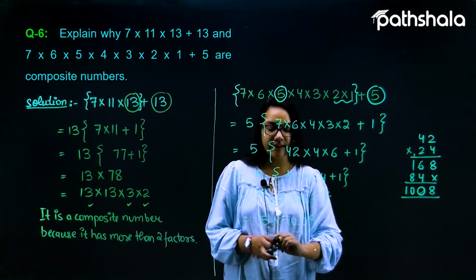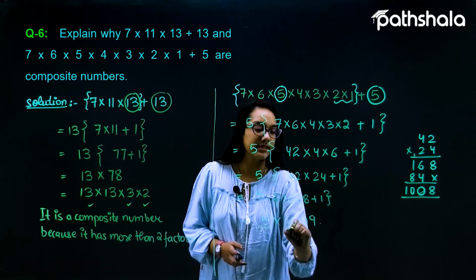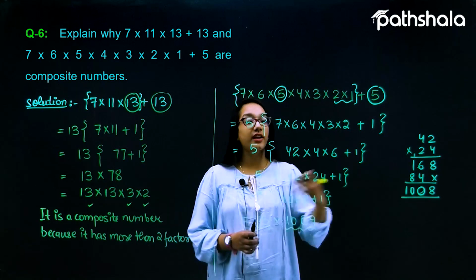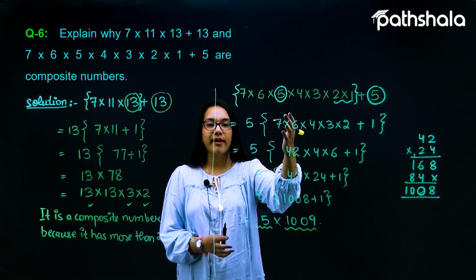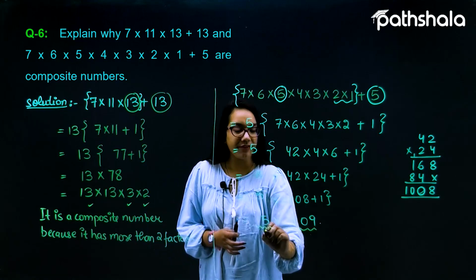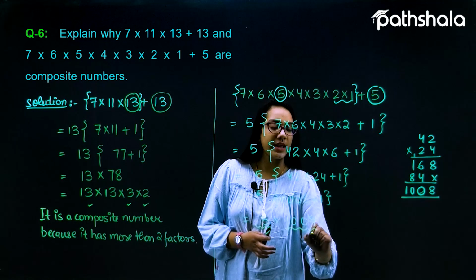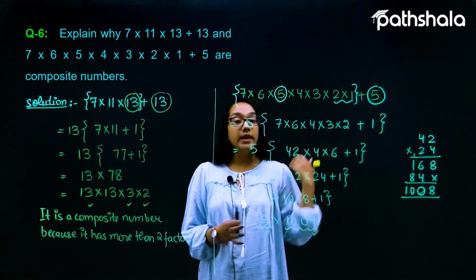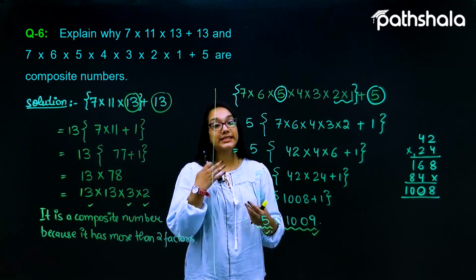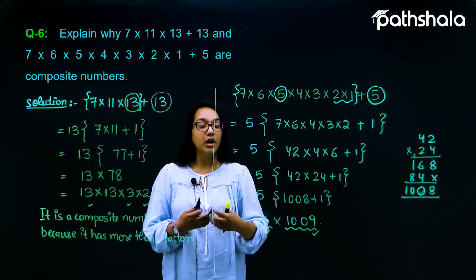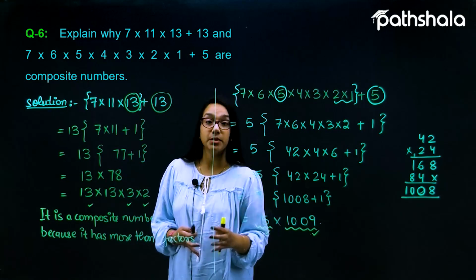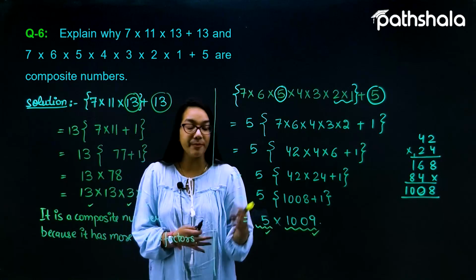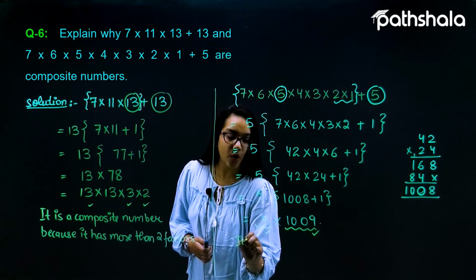We know that 5 is a prime number, and 1009 is again a prime number, so they cannot be factorized further. It means that this number again has more than two factors. Why? 5 is a factor of this number, 1009 is a factor, 1 is a factor, and the number itself is a factor. So it has more than two factors, thus it is a composite number.